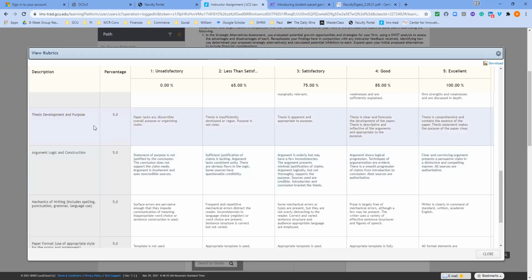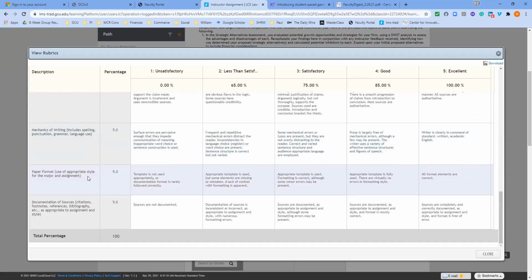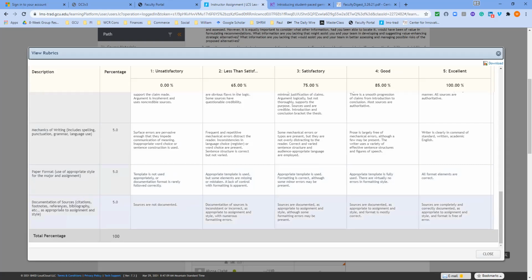Then we have the other normal things that are 5% each of your grade: thesis development and purpose, argument logic and construction, mechanics, writing, paper format, which just means you're using APA format correctly, and then documentation of sources. So you need sources. I want at least 3 sources in your papers. I want them not only in the reference page at the end, but I want them cited throughout the paper.